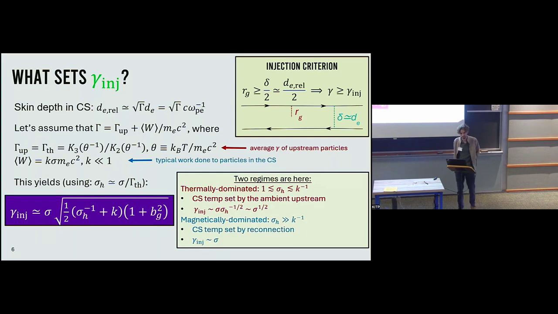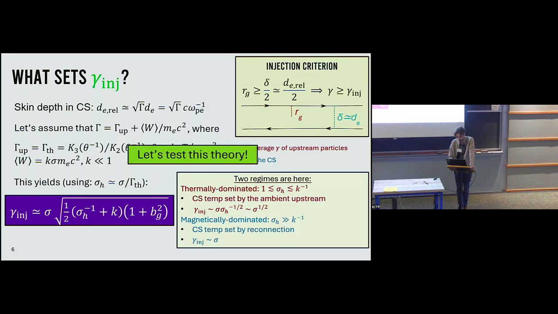In such a case, when the upstream is cold, the injection energy scales like the square root of sigma. On the other hand, in the magnetically dominated regime, the injection energy scales like sigma, and the temperature of the current sheet is set by the self-consistent heating, or the energization, that occurs from magnetic reconnection.